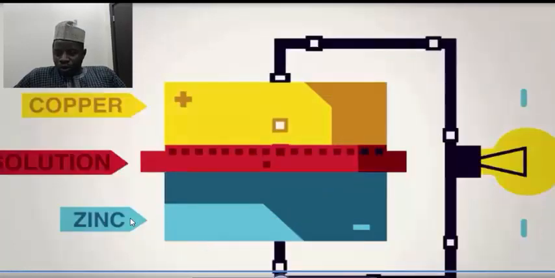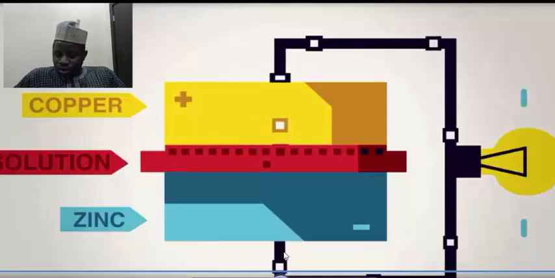When you bring a metal like zinc and another metal, copper, and you separate them by an ionic solution, then in the solution, zinc will lose electrons through oxidation. If you connect wires from the zinc terminal to the copper terminal, the electrons will flow through the wire and enter into the solution again.